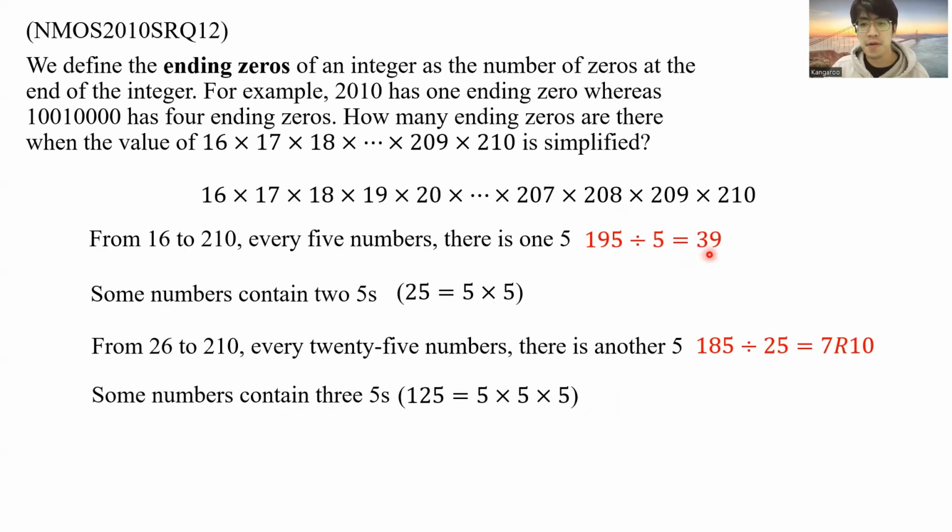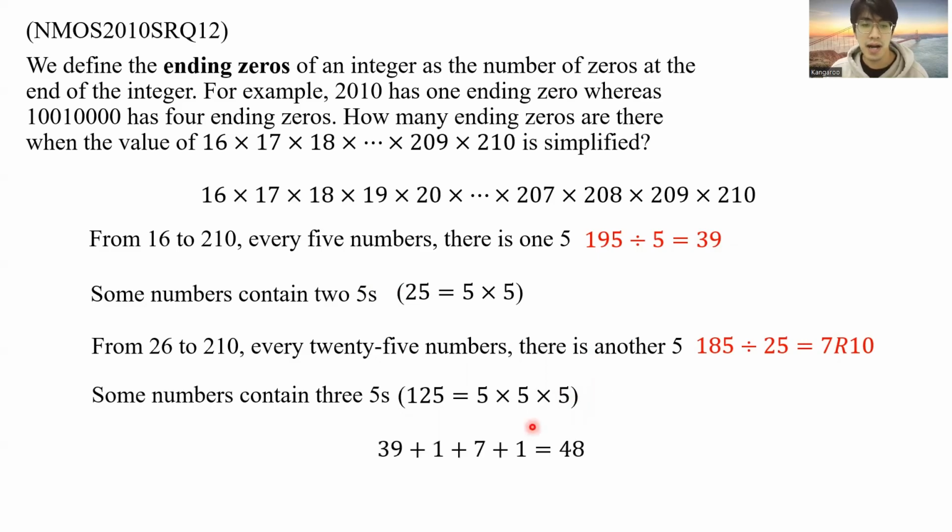So with this number 39, I would have counted all the first 5s, including those in numbers that contain two 5s and three 5s. And with this number 7, I would have counted those second 5s in numbers that contain two 5s. And with this 125, I would count the third 5 in those numbers that contain three 5s.